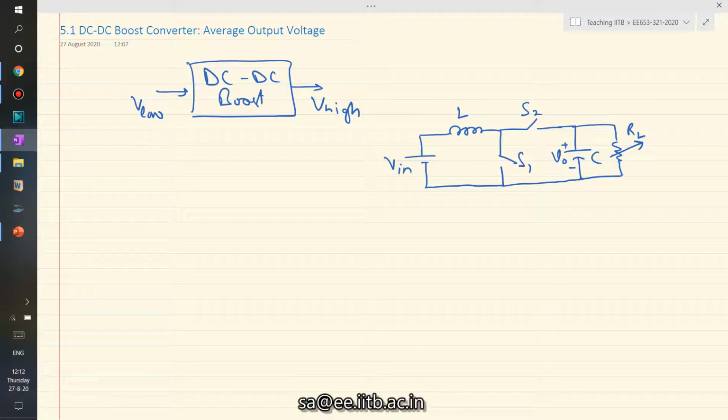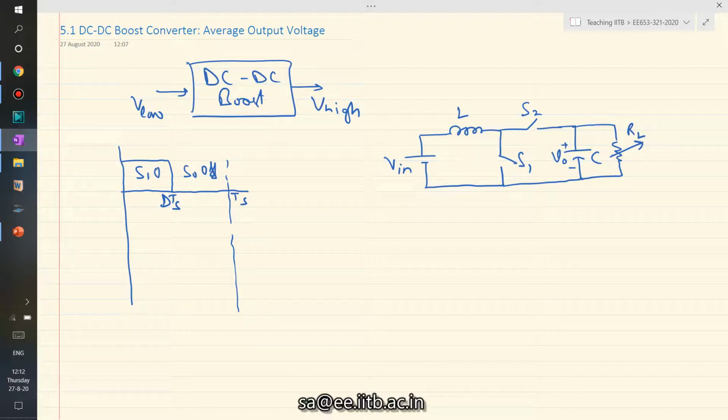So how does this circuit operate? Same as what we have done before. Let's assume that switch S1 is on for a duration of dTs, where D is the duty cycle of switch S1, and for the remaining period in Ts, S1 is off. When S1 is off, S2 is on.